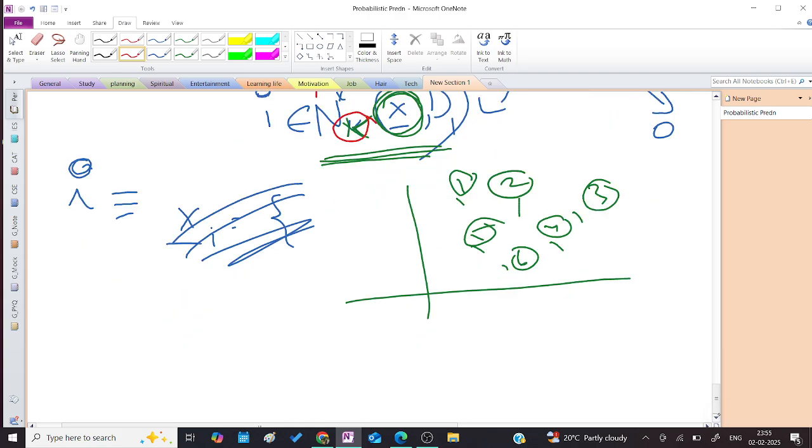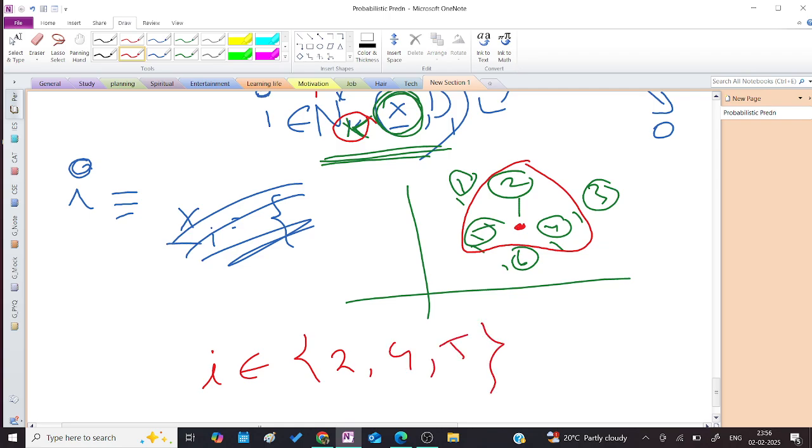So suppose there is this test point and k is 3, then these 3 points will be selected. Then i will be 2, 4 and 5, right?